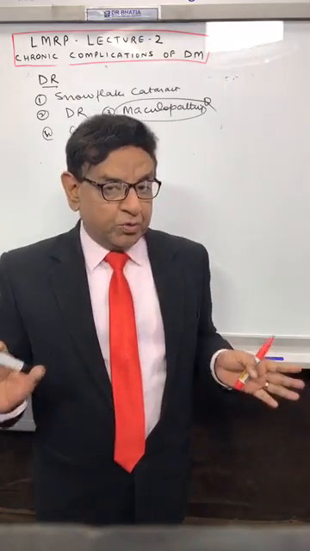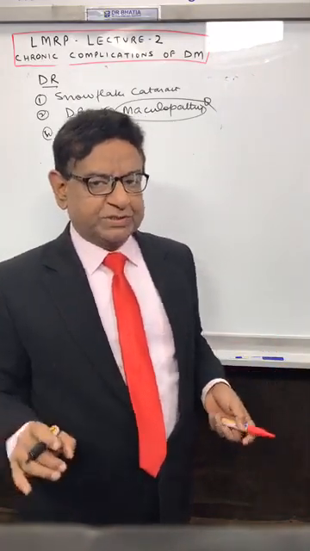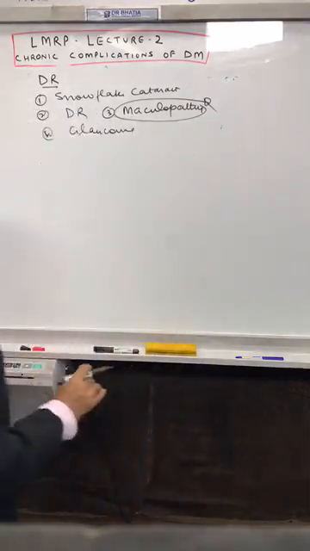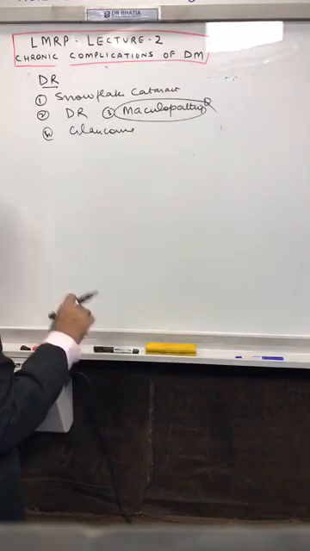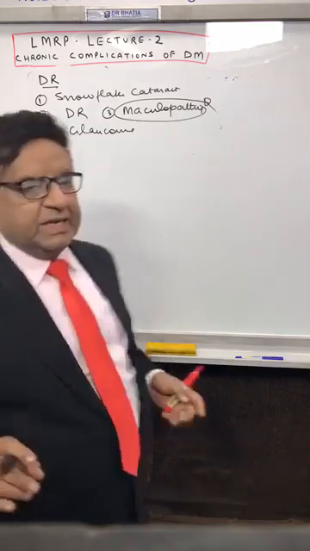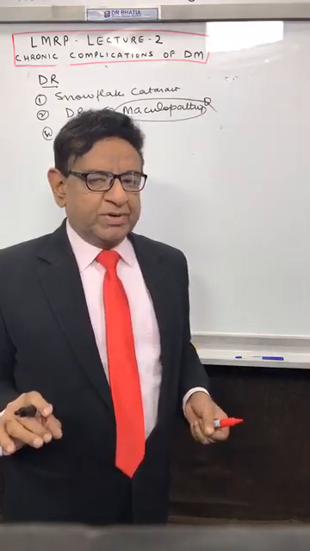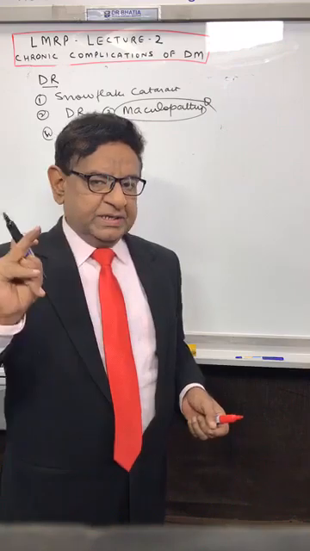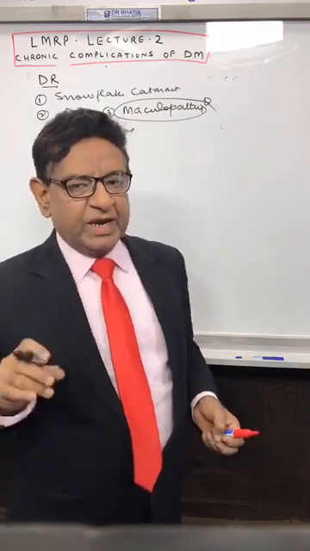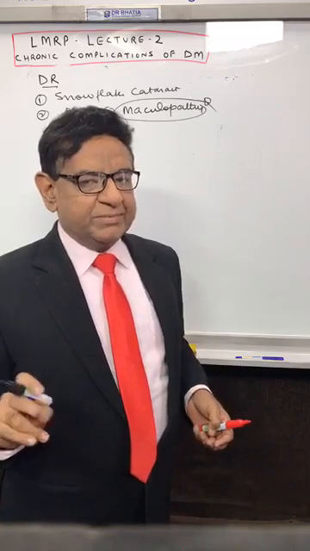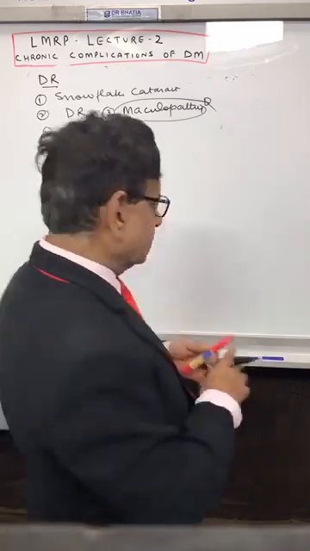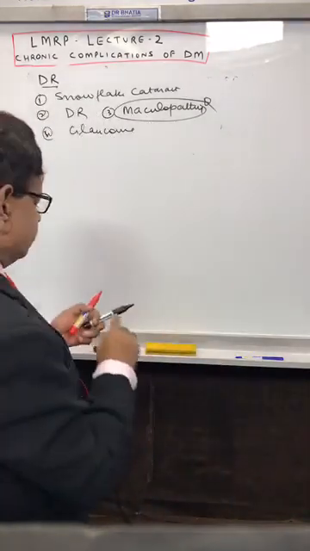But what about the new question, the prospective new question? We have drugs which can reduce diabetic retinopathy, or slow down its progression. The drugs I'm going to mention right now are not given in the diabetic chapter of the latest Harrison also, but you are bound to get this question in any exam.